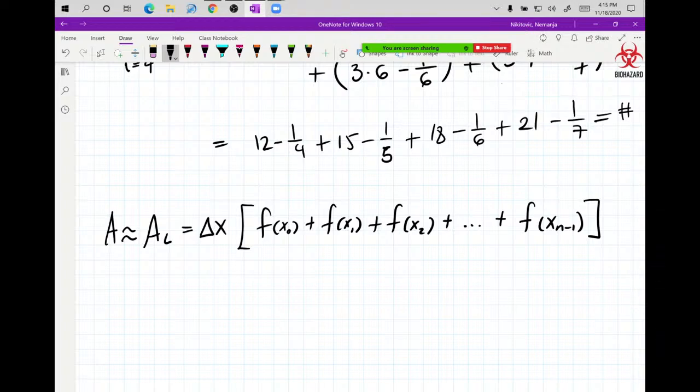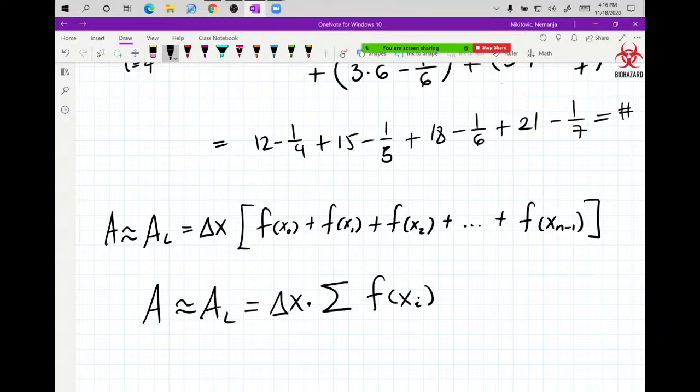So you say, area is approximated by area on the left, which is equal to delta x times summation of f of xi, because your counter i goes from i equal 0 to n minus 1.